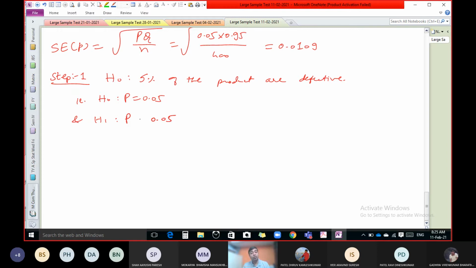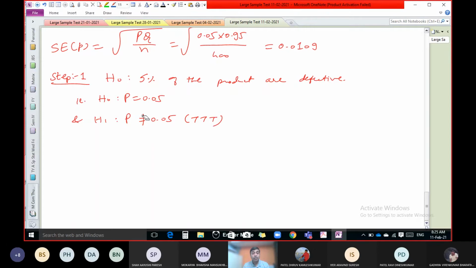If the claim is not true, when we write greater than, then we can say that yes, the claim is not true. And if we write less than, then also we can say that the claim is not true. Why? Because the claim is for 5%, not more than 5%, or not less than, not at the most, not at least. It's not like that. So in both cases we have to reject the claim. That is why here we write not equal to, that is a two-tailed test.